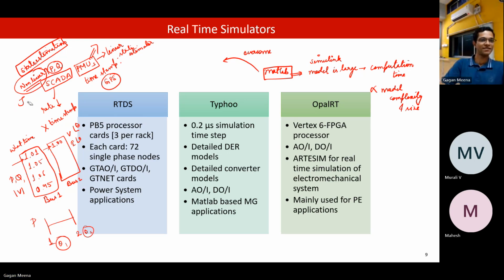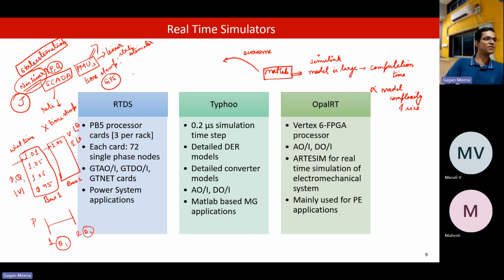For such a large system, the Jacobian size is also very large. So that's the advantage of PMU.